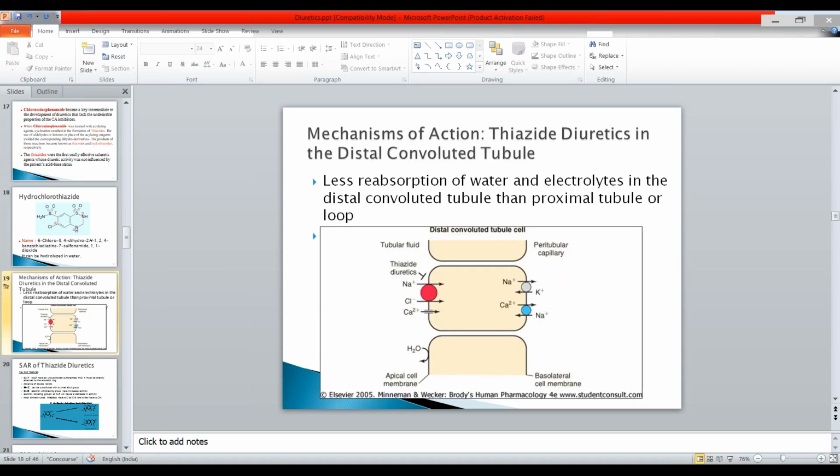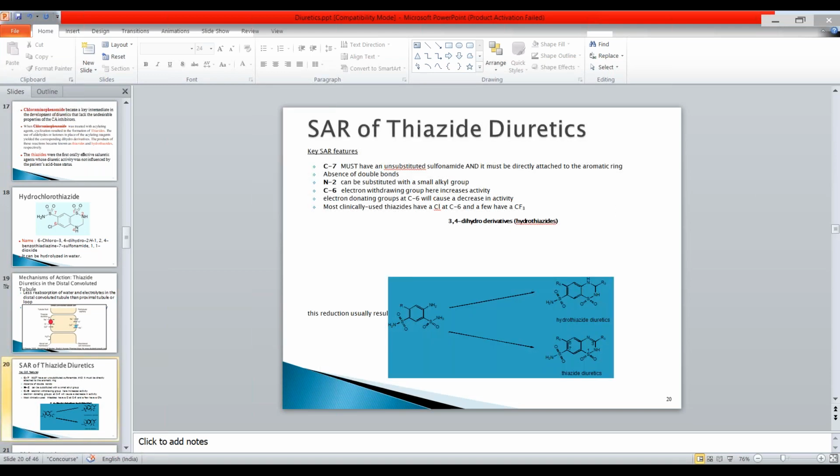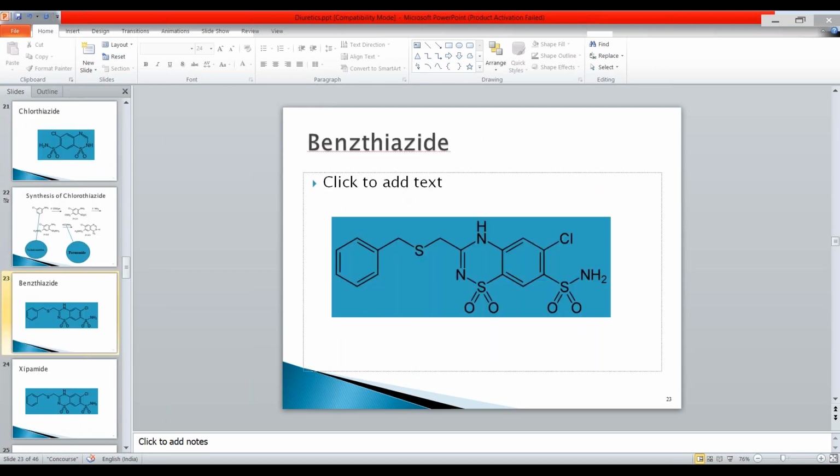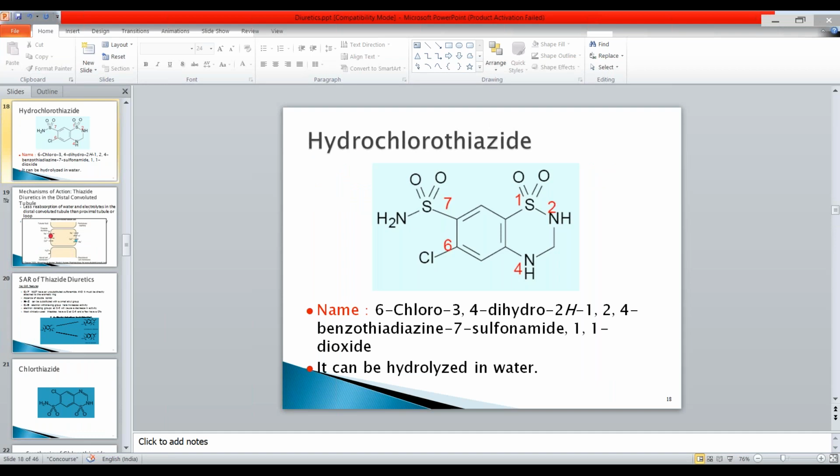These are the two subgroups of thiazide diuretics, thiazides and hydrothiazides. The examples are also different: there is chlorothiazide, and then there is hydrochlorothiazide, which is an example of the aldehyde and ketone treated chloraminophenamide. Okay, so take down.